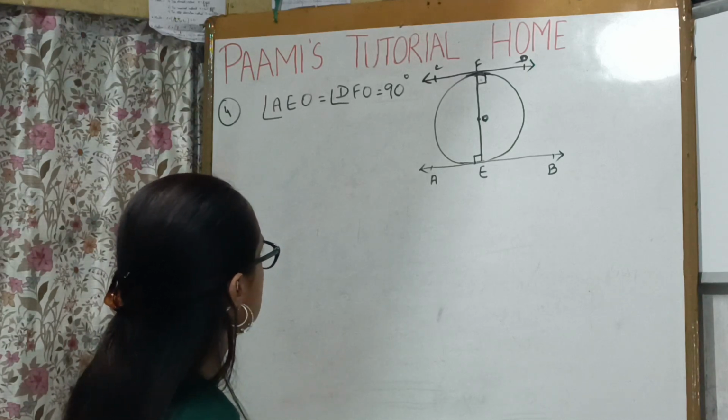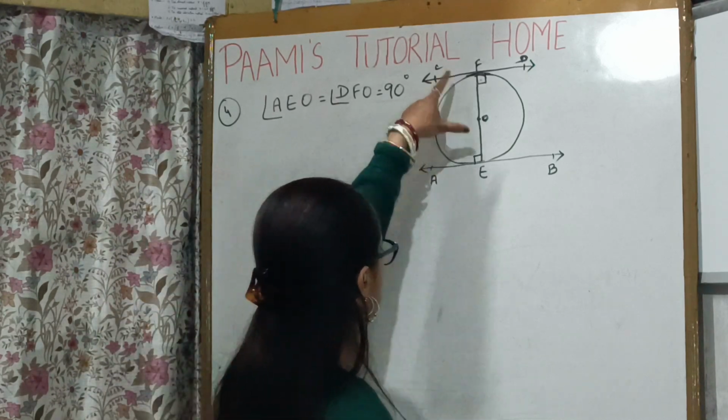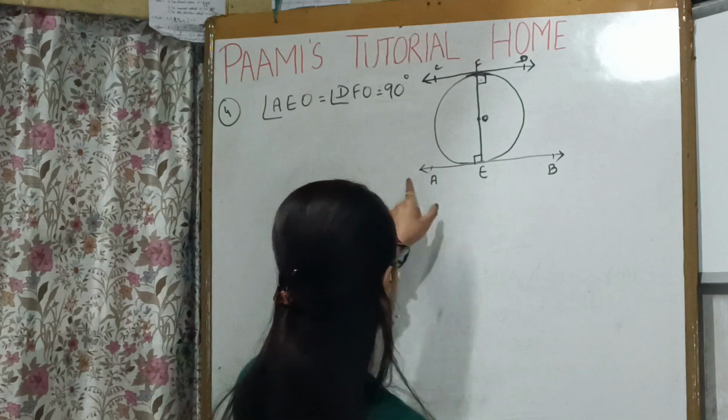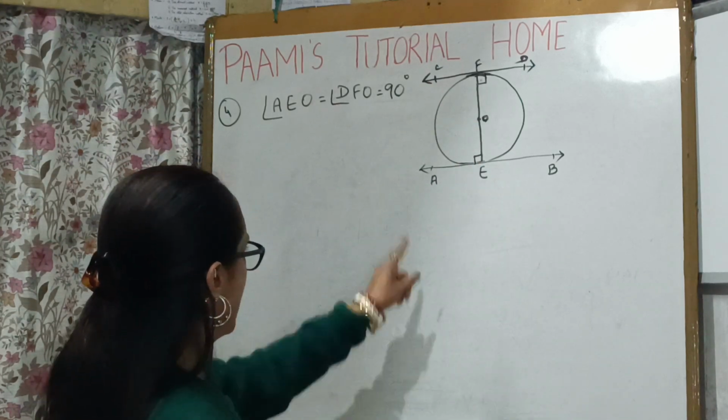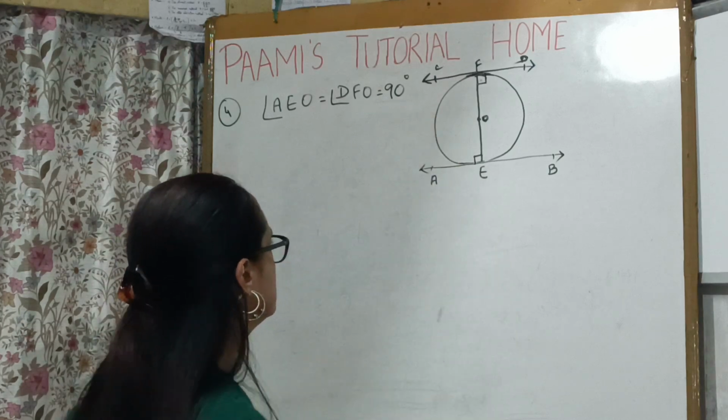How is it 90 degree? Because this is a perpendicular and it is standing on the straight line AB here and CD out there. So 90 degree means both are equal.